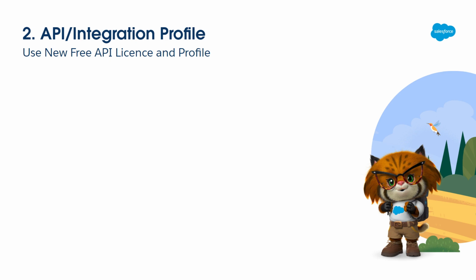And this was to encourage us to not reuse one paid license for multiple integrations, which businesses did quite often because they didn't want to have to pay the extra licenses. So now we have 5 for free.